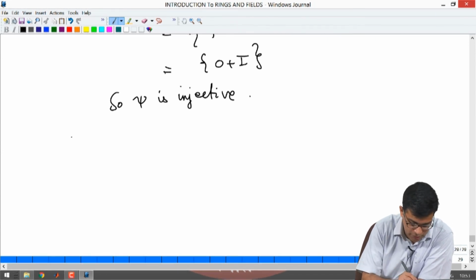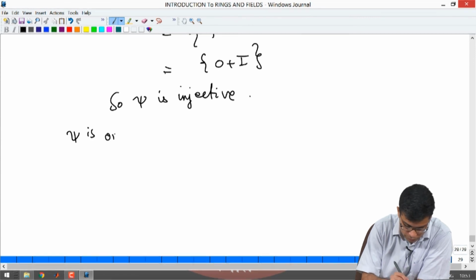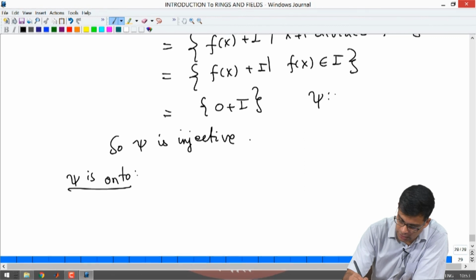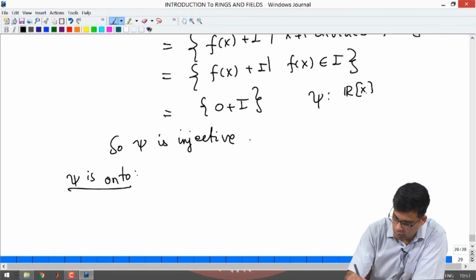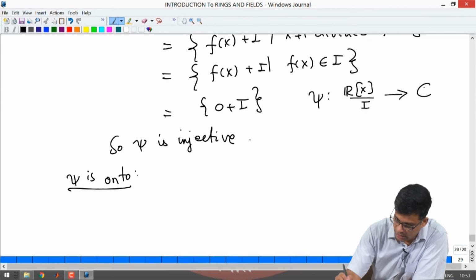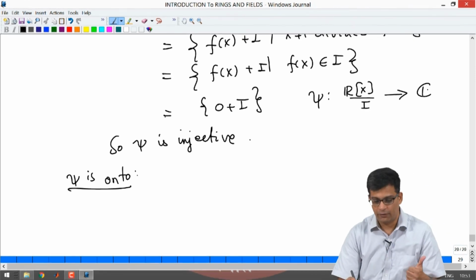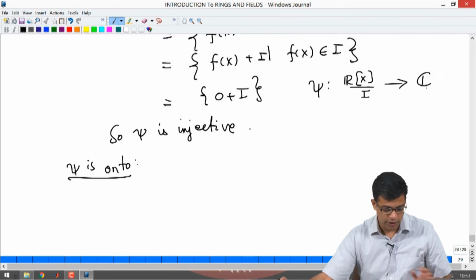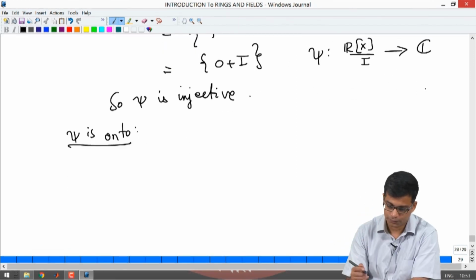So, the final point is psi is onto. Just to recap, we have a map from R x, the polynomial ring, mod I, to C. So far I have shown that it is a well defined ring homomorphism. I just showed that it is injective, and finally I will show that it is onto.